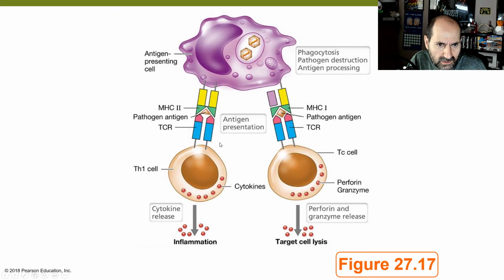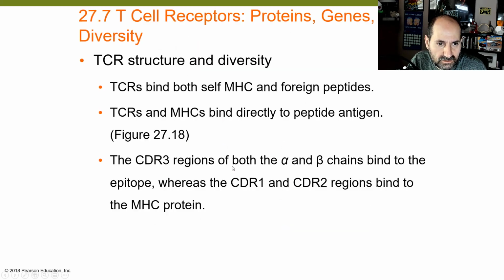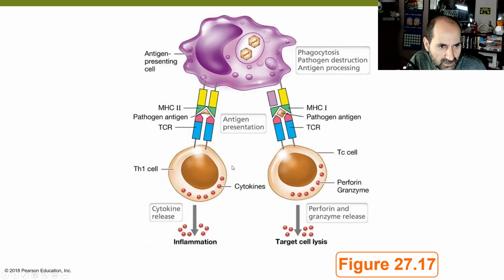What else? We talked about the difference between what the helper T cells do and what the cytotoxic T cells do. Remember, your professional antigen presenting cells will present foreign antigen on MHC2 to helper T cells to activate helper T cells.